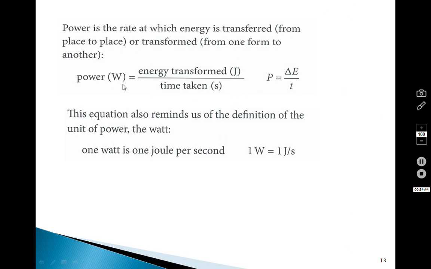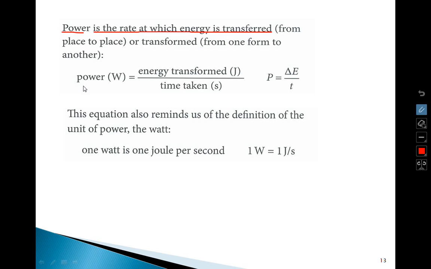Now, what is power? The definition of power is the rate at which energy is transferred from place to place, or transformed from one form to another.